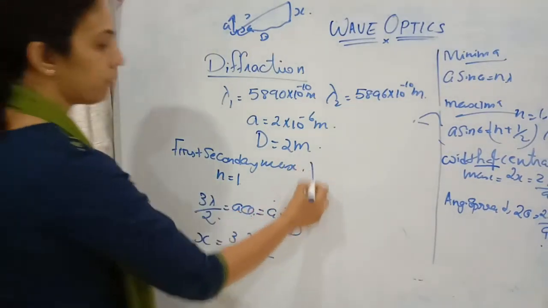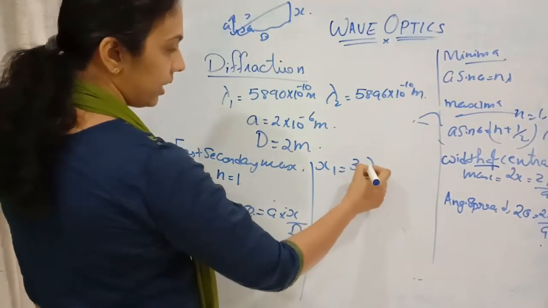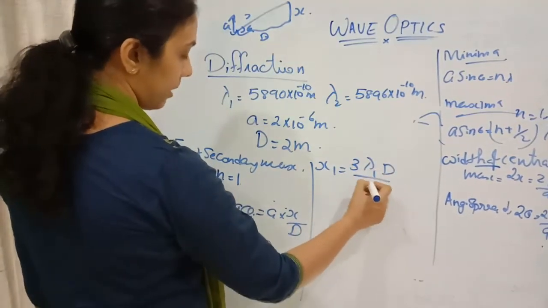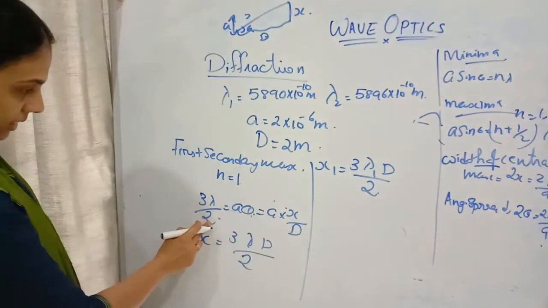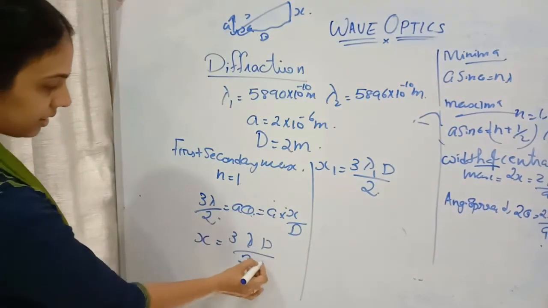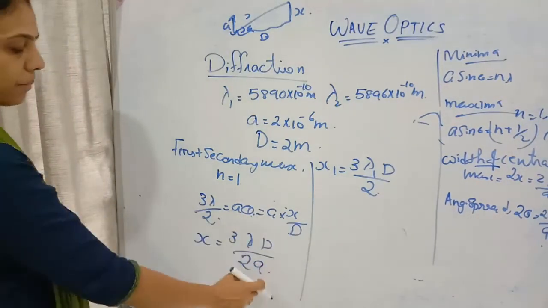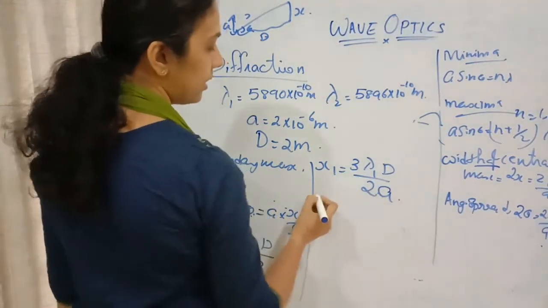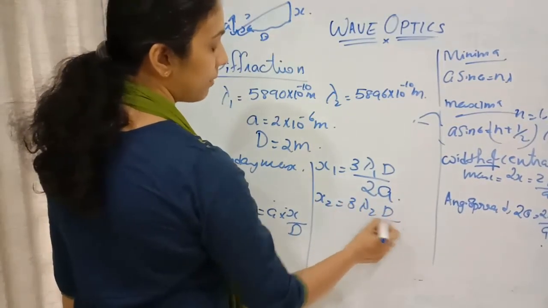So now we can find the values of x1 and x2. x1 is equal to 3 lambda 1 capital D divided by 2a, and x2 equals 3 lambda 2 capital D divided by 2a.